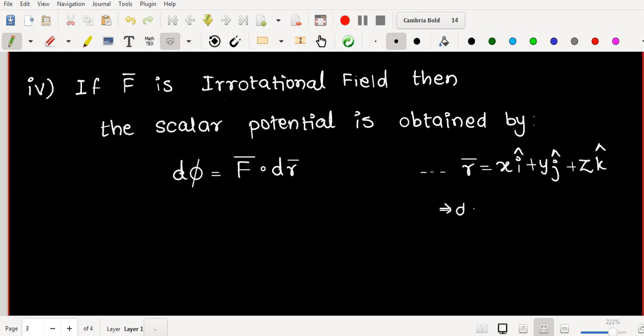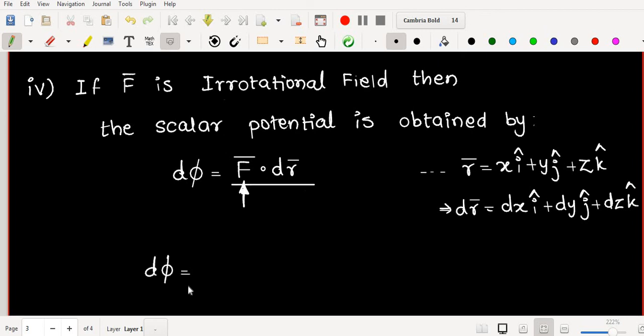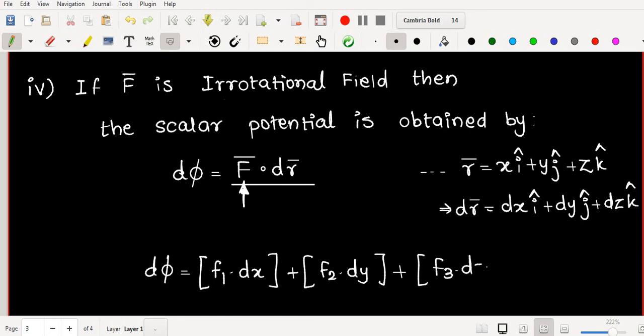So this implies the value for dr bar will be dx i bar plus dy j bar plus dz k bar, whereas F bar is the vector point function f1 i bar plus f2 j bar plus f3 k bar. Means if we take the dot product of these two vectors, we get the relation for the required scalar potential, and it is f1 into dx plus f2 into dy plus f3 into dz.